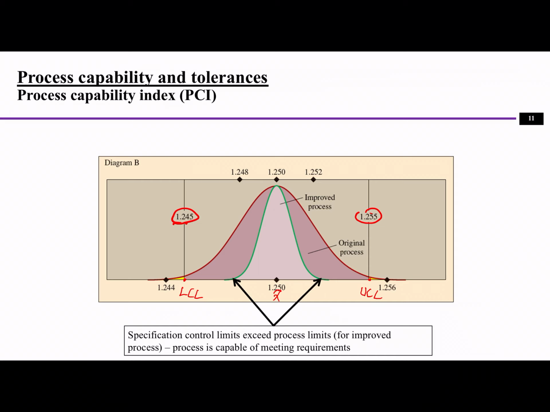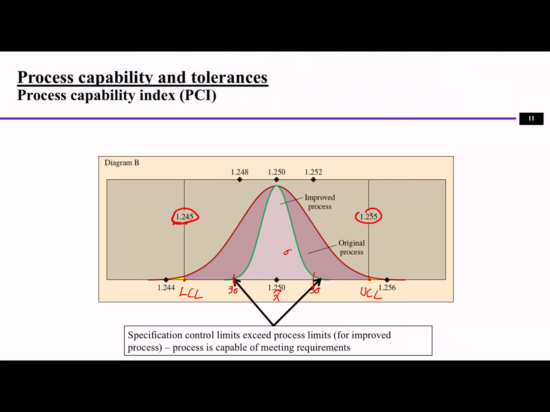It's actually the green normal distribution, right? It's here. Now let's assume the 3 sigma for this green normal distribution, or our process, what we can produce, is here. So this is X bar minus 3 sigma, and this is X bar plus 3 sigma.